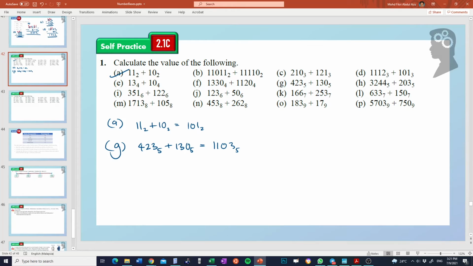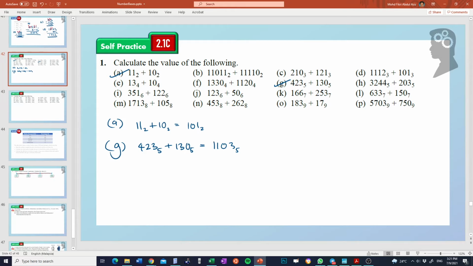Okay. 1103 base 5. Same. Aimi? Sama-sama. Okay, good. Okay, settle soalan G.